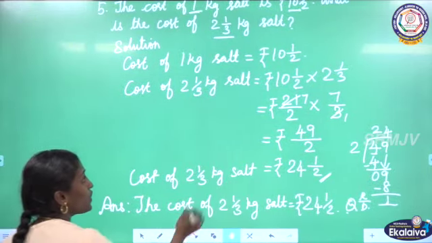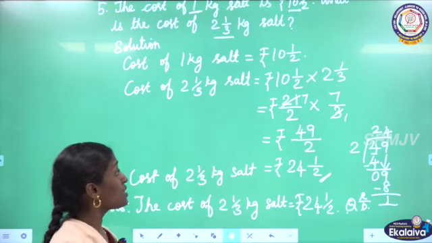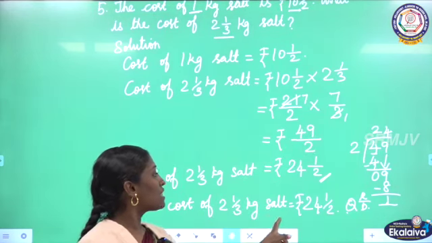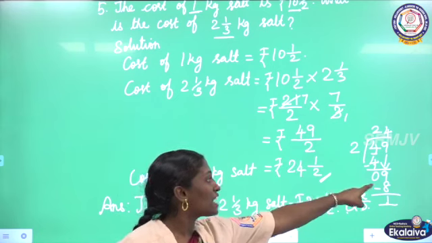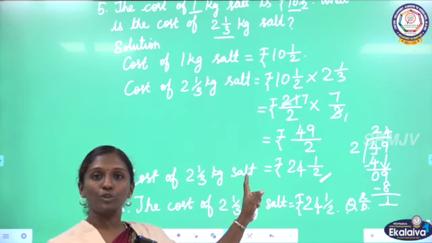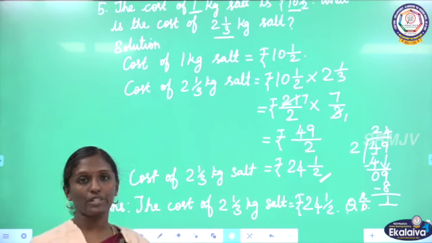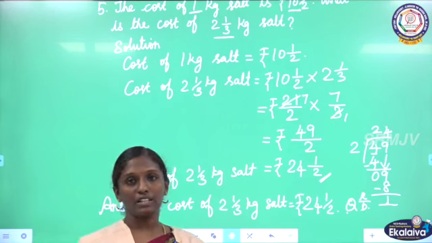Is it clear? For that, first we are converting the mixed numbers into improper fractions. After that, we are reducing it. Then finally, here we are getting an improper fraction. Again, we are converting into mixed number. So at last we got 24 1 by 2 rupees. This is the cost of 2 1 by 3 kg salt. Was it clear, children? Okay.